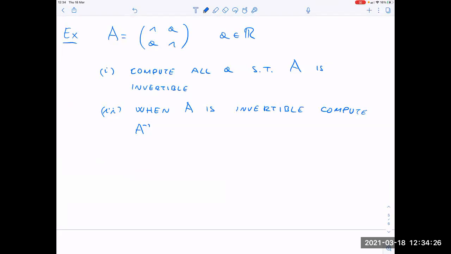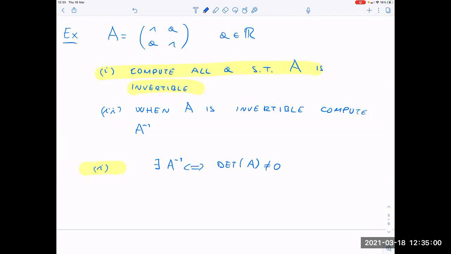So the matrix is invertible when a is equal plus minus 1. Are you sure, Erfan Kar? When they are different, yes. Okay, good. But how do you answer this question? Well, simply you do this. You say, I can find the inverse if and only if the determinant of A is not 0.